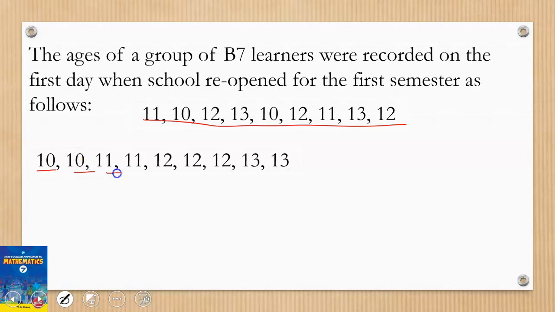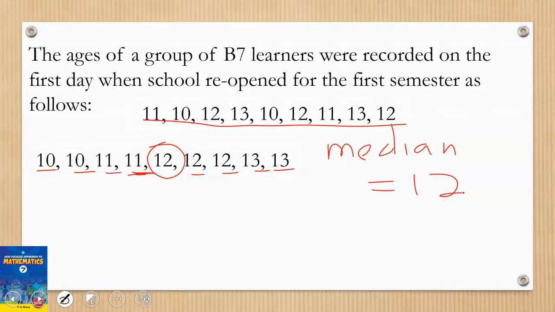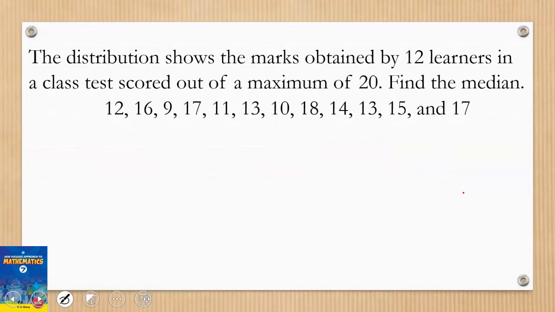I have 1, 2, 3, 4. When I count from here, 1, 2, 3, 4, this becomes the middle part of it. So the middle number, the 12, becomes my median. So the median for this data is 12. As simple as that. Let's take another example.